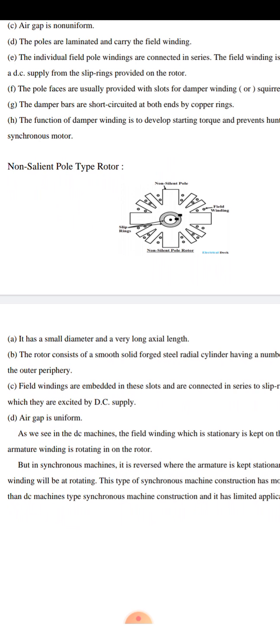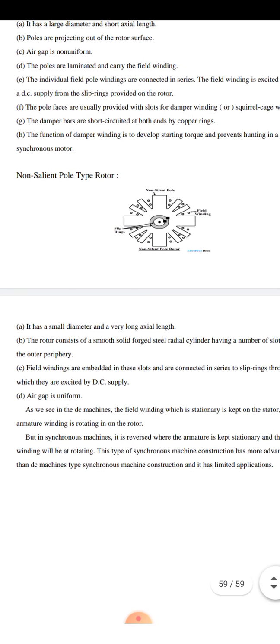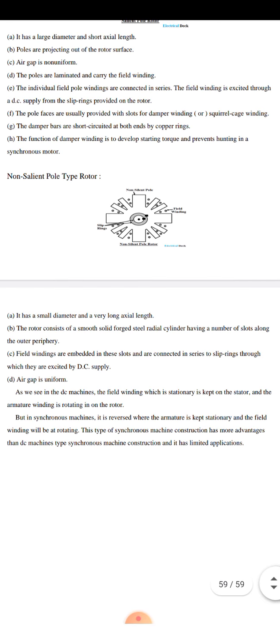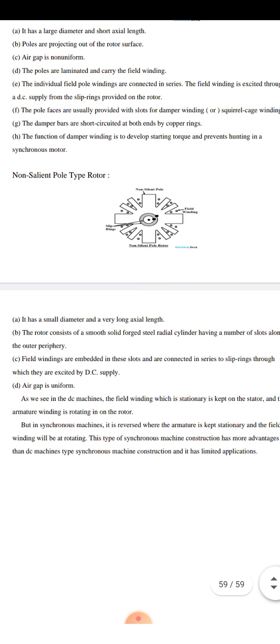The rotor consists of a smooth solid forged steel radial cylinder having a number of slots along the outer periphery, and the field windings are embedded in these slots and are connected in series to slip rings through which they are excited by DC supply.